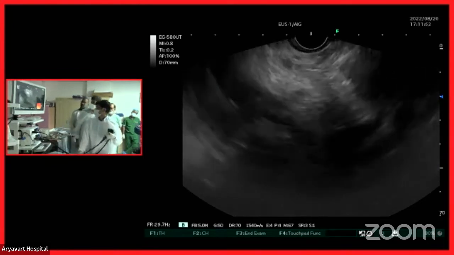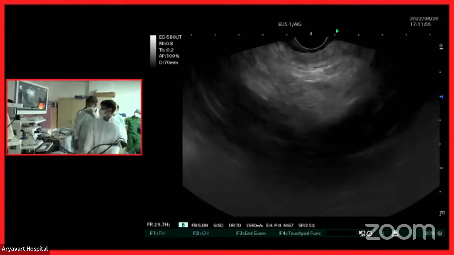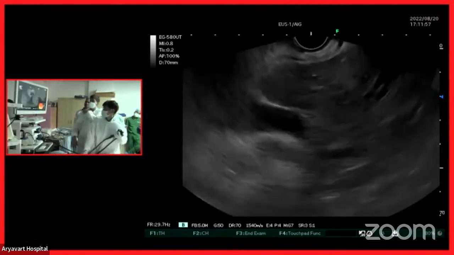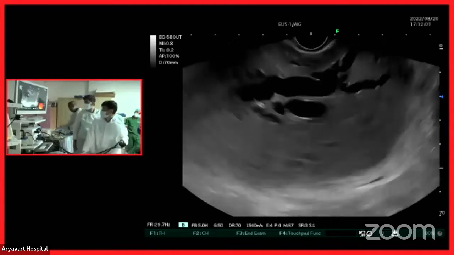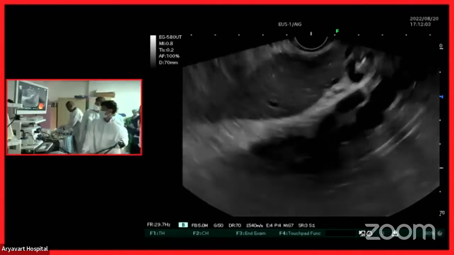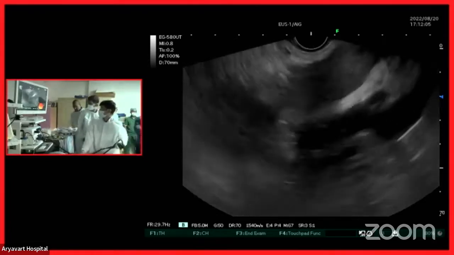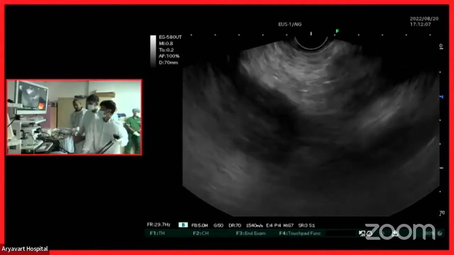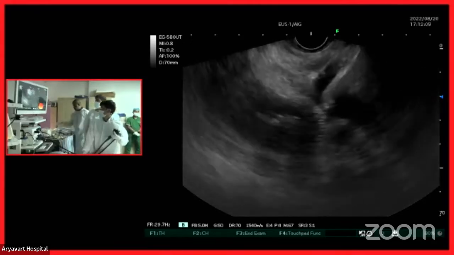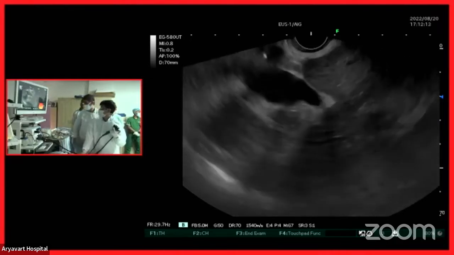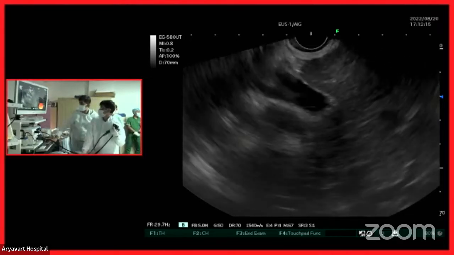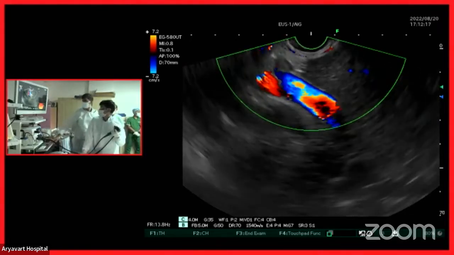So, Vikram, we just started by demonstrating this gentleman with obstructive jaundice and this IHBD. I just traced the portal vein, and that's the portal vein.